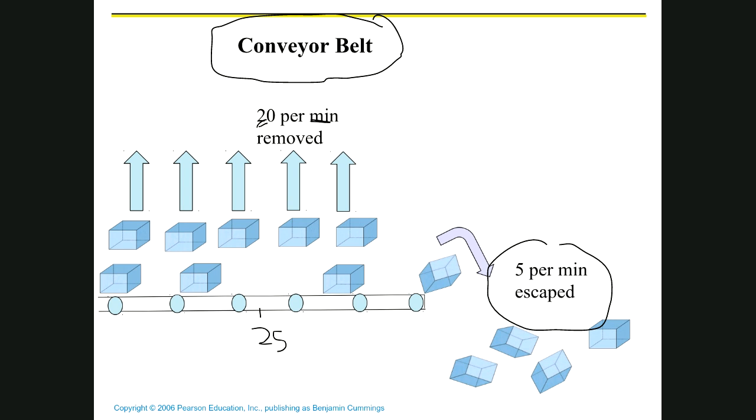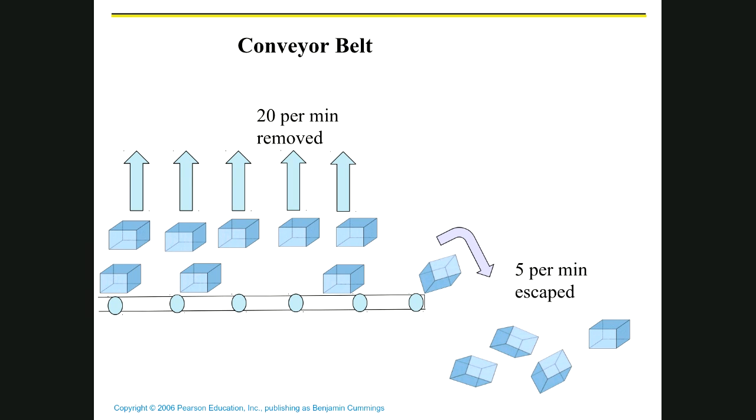But what if it wasn't 5 that escaped? What if there were more boxes that escaped? In other words, there were 10 boxes that escaped. I'm still only removing 20 per minute. How fast is this thing going now? It's not going 25. It's going 30. 20 plus 10 is 30.